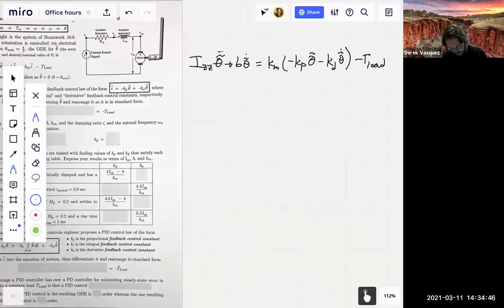Then we're going to rearrange things here. So we have Izz theta tilde double dot plus, and we're going to have a B plus Km Kd, theta tilde dot, and then plus Km Kp theta tilde equals minus T load.